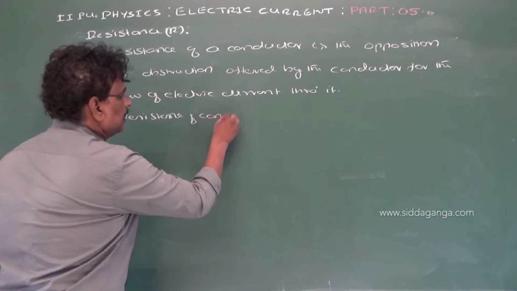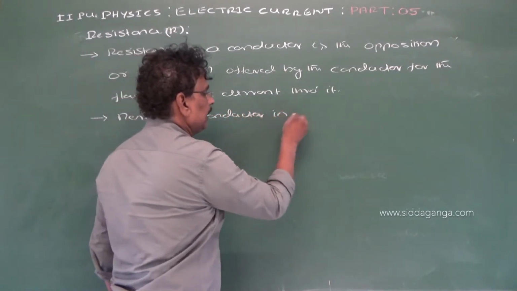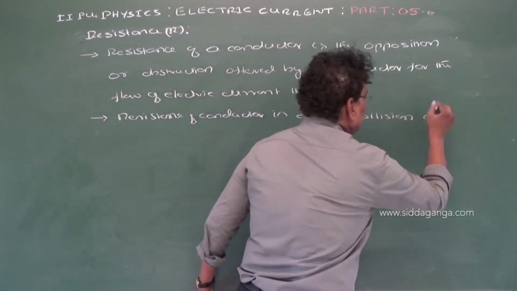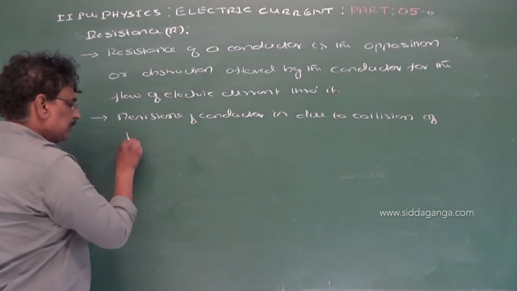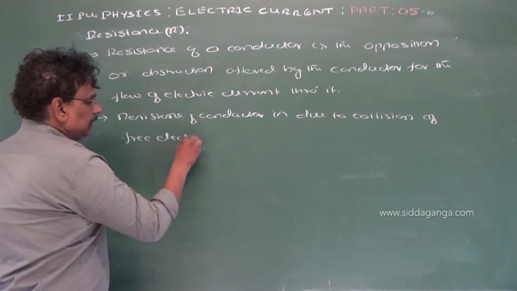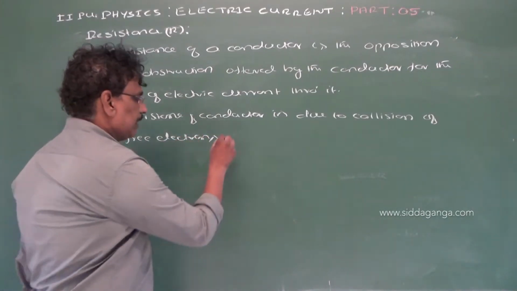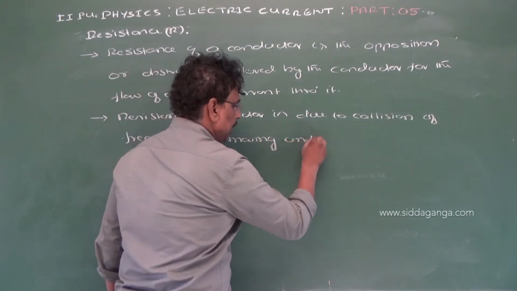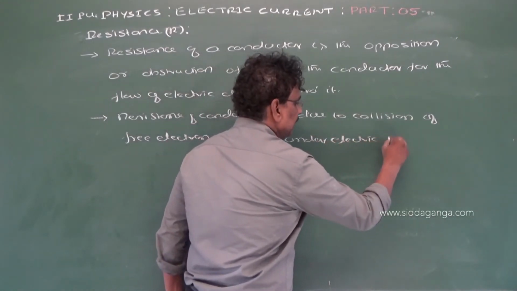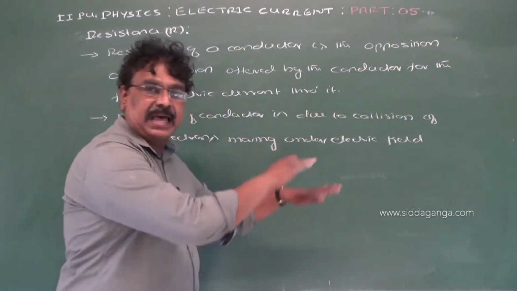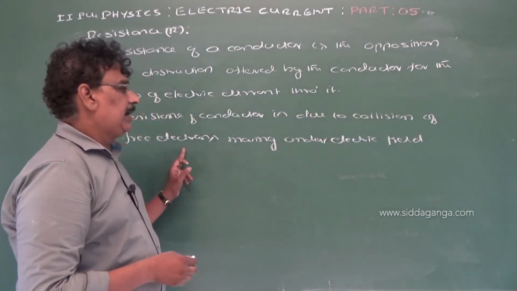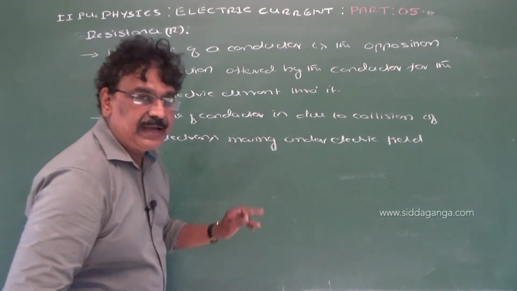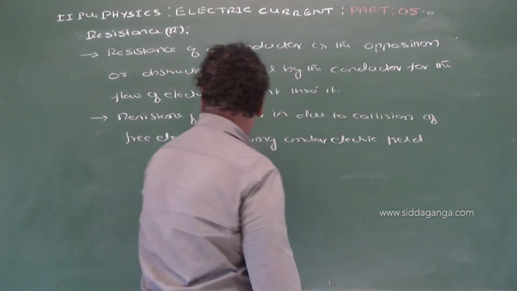Resistance of a conductor is due to collision of free electrons moving under electric field.